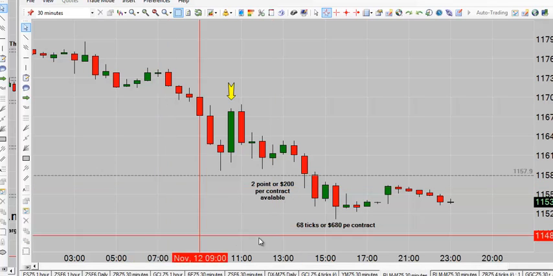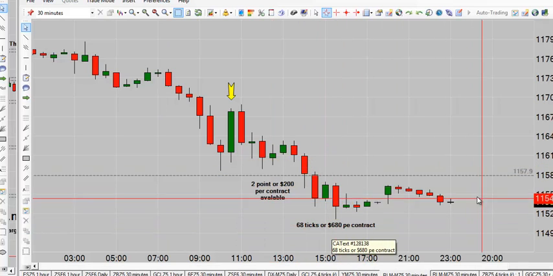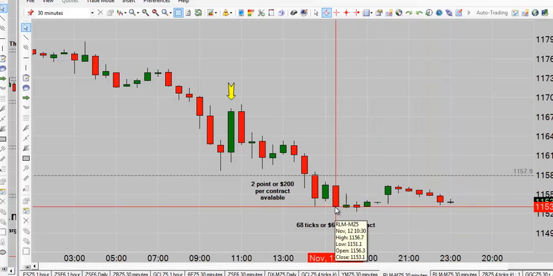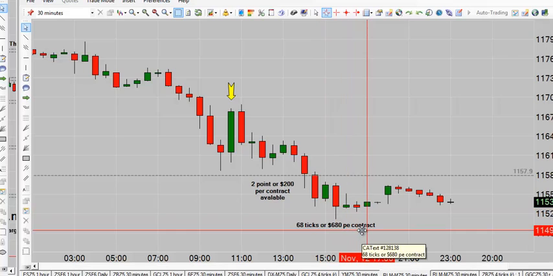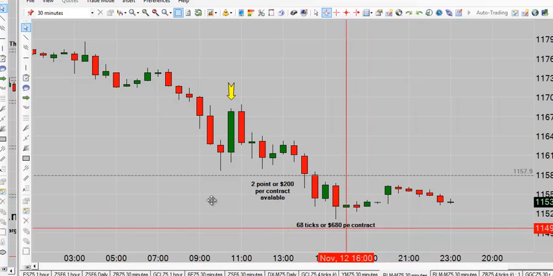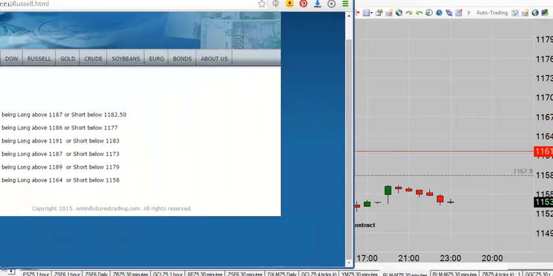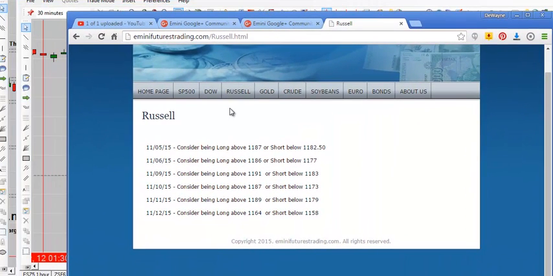Okay. The next one from 57.9 to 51.1. That's 6.8, 68 ticks, $10 per tick, $680 per contract. Okay. Sure glad I caught that error.